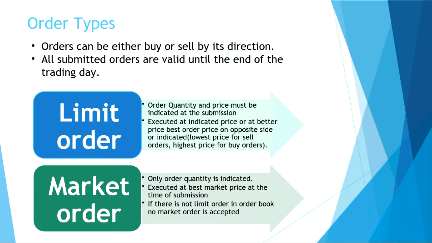So you are submitting with the price of 10. You want to buy, let's say, 10 stocks. At the beginning, both quantity, 10 stocks, and the price, 10 Turkish lira, are indicated. So you can only buy with the price of 10. If the price goes up to 10.5, 11, 12, whatever it is, you don't want it. You are ready to buy only with the price of 10, and the amount should be 10 stocks. That's it, right? So if it is a limit order, both quantity and the price are indicated.